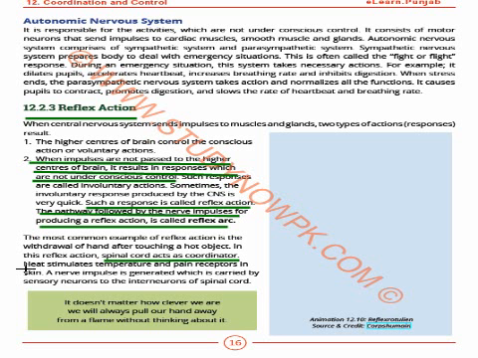The heat and pain receptors on the skin, the sensory neurons in the skin, send the messages to the interneuron. A nerve impulse is generated which is carried by sensory neurons to the interneurons. So sensory neurons are present on the skin and the interneurons are present in the spinal cord.